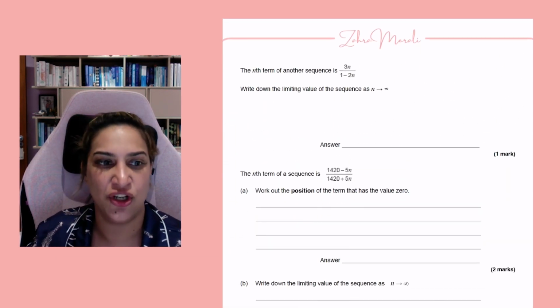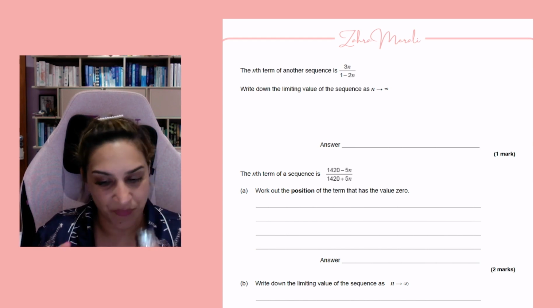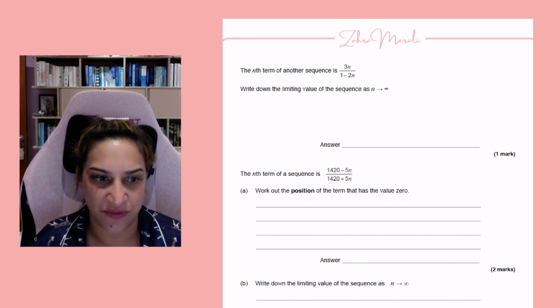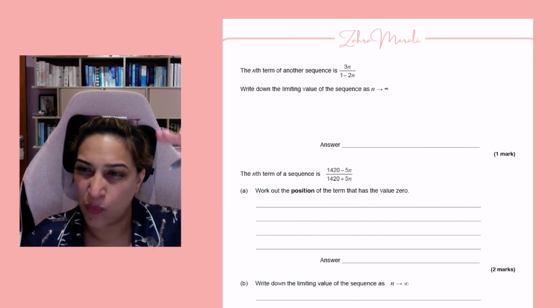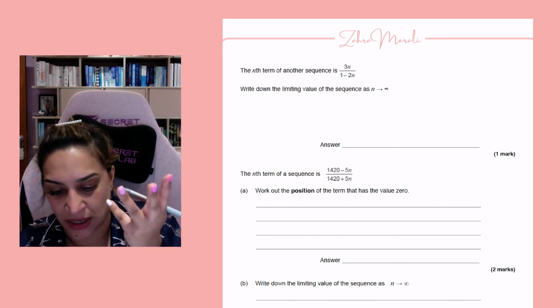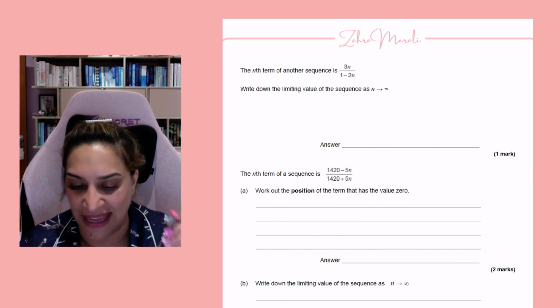Okay, now we're going to look at the limiting value. So we're doing as n goes towards infinity. One way to do this, remember if we have 1 over n, we can say it goes towards 0. So this is more so you understand it. You may have learned just to sort of cross out the n's.